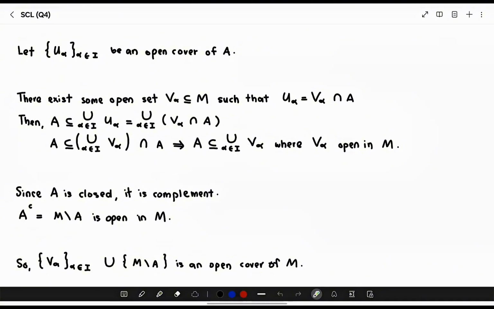It means that the collection of open sets in M almost covers, but not all of, M. Next, using the closedness of A, its complement, M minus A, the part of M that is not in A, is open in M. So, the collection of V_alpha for alpha in I, union with the set M minus A, is an open cover of M. This is the open cover of M we are constructing in the proof: the collection of open sets in M covers A, and M minus A covers the rest of M. So this union covers all of M.